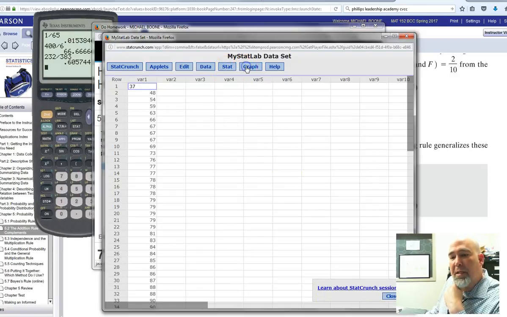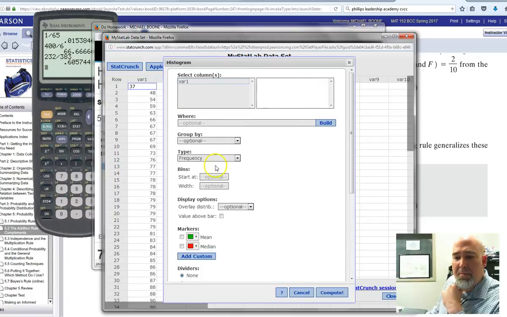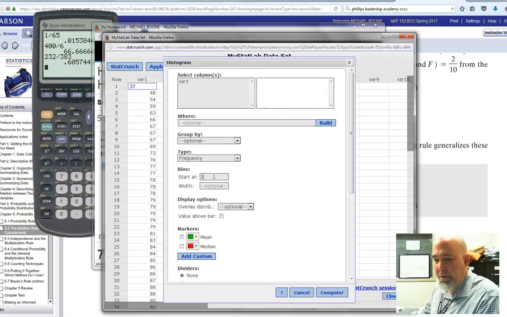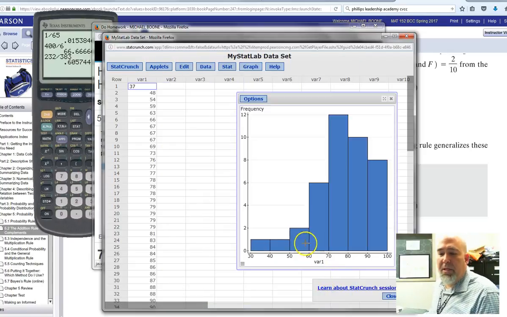What we can do is make a histogram, because the histogram is going to give us an option of starting with 30 and making it a width of 10. When we do this, we get this histogram, and we can see right here that it starts at 30 and goes to 40, but doesn't include 40. You'll see that parentheses versus that square bracket.